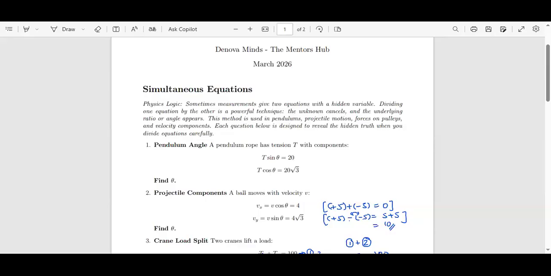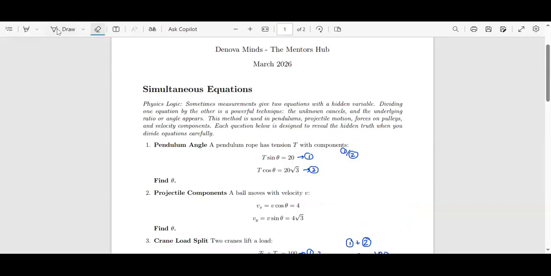If you can remove capital T, then you can deal with this equation easily. First of all, name these equations as the first one and second one. Then you divide the first equation by the second. That is the technique you can use here.